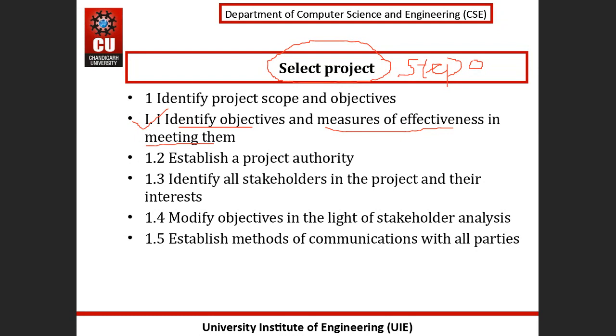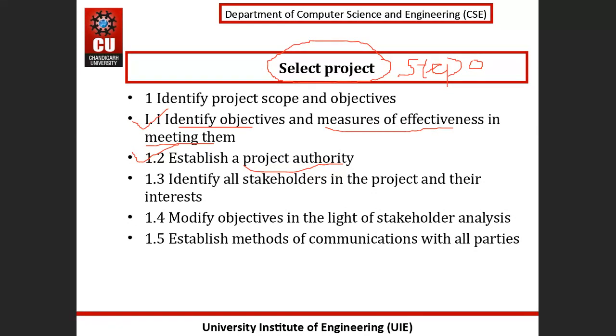Fine. So the second step is establish a project authority. What we will cover in this? Establish a project authority. We'll choose a manager. We'll choose an authority person. Fine.